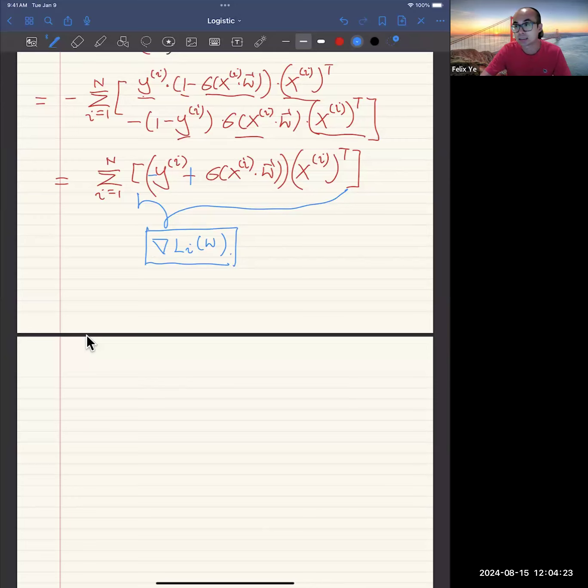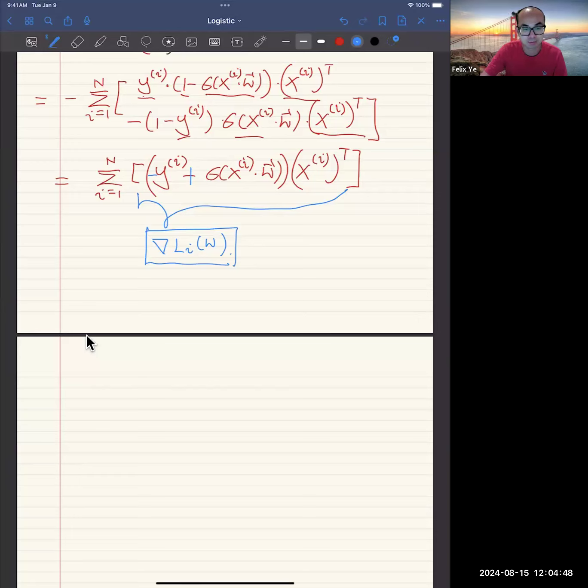That implies this loss function is strongly convex. That means my negative log likelihood has a bowl shape. That means we always have a unique lowest point. So this is really ideal. So we can always find the lowest point somewhere.